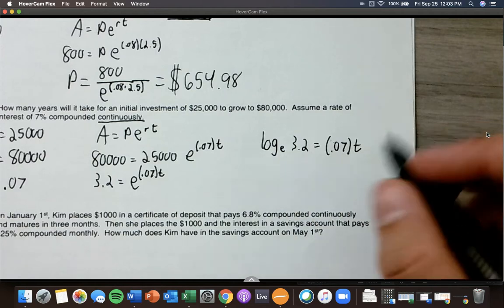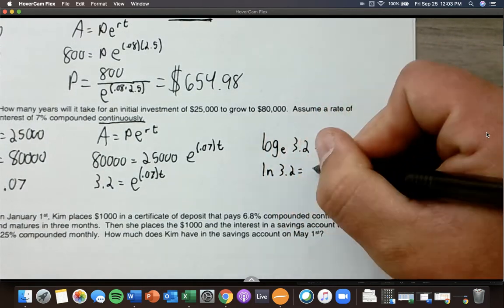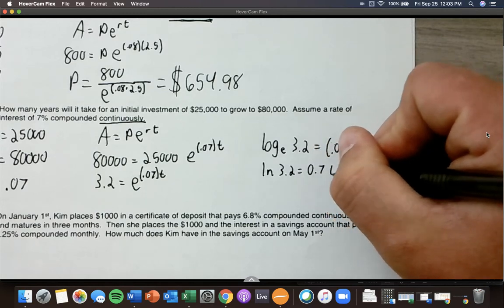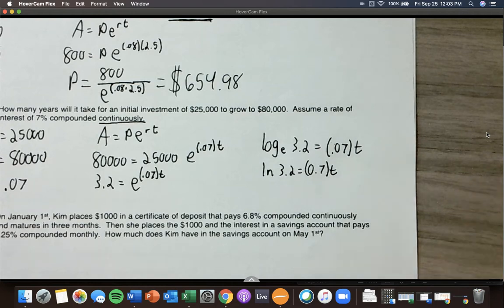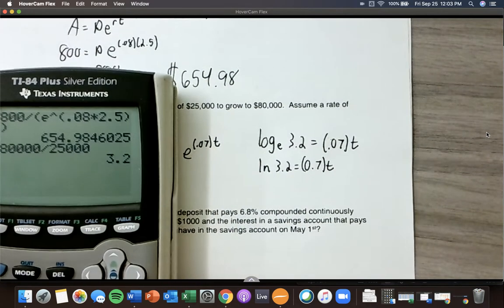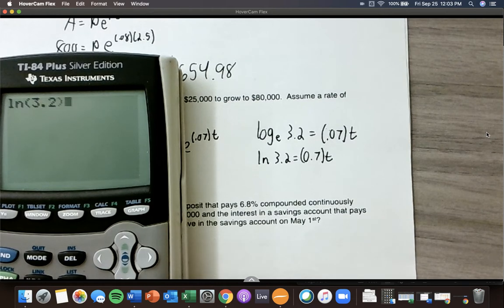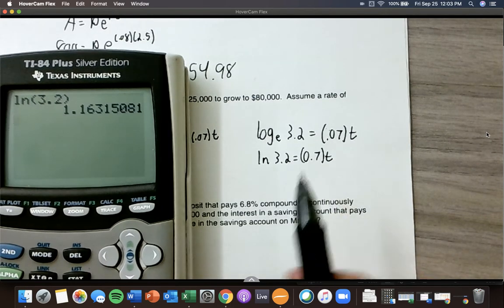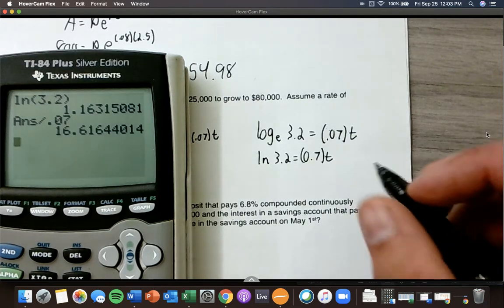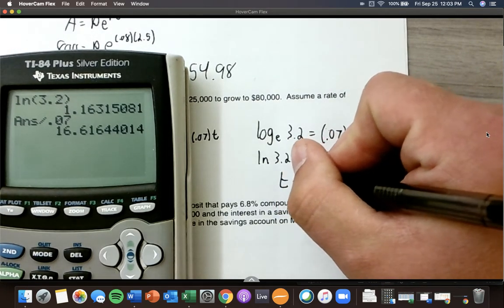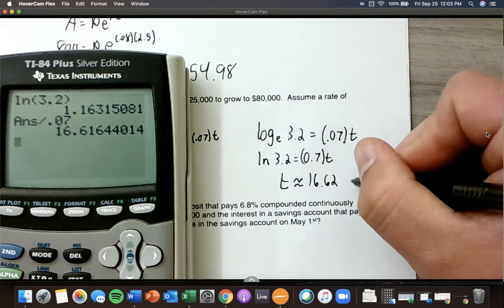And if we remember, log base e is just the same thing as the natural log of 3.2. All right, so now all we have to do is plug in the natural log of 3.2 and then divide by 0.07. And we end up getting that the time is about 16.62 years.